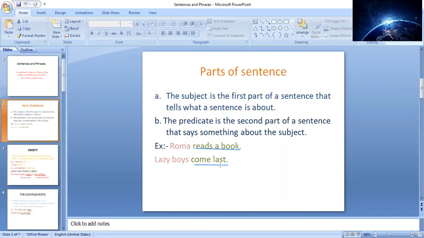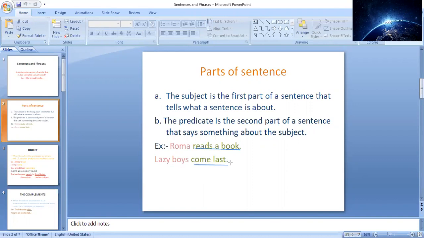Lazy boys come last. Here this sentence is about whom? If we put a question, who has come last? Lazy boys. So lazy boys are the naming part of the sentence.